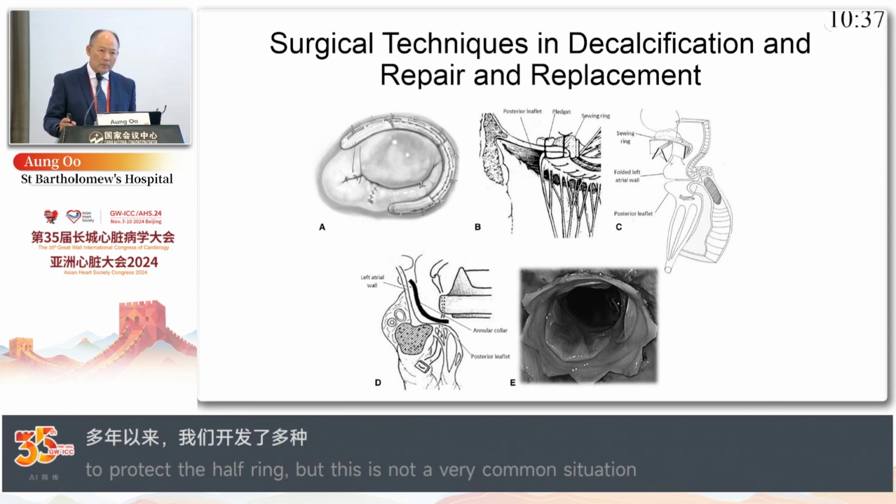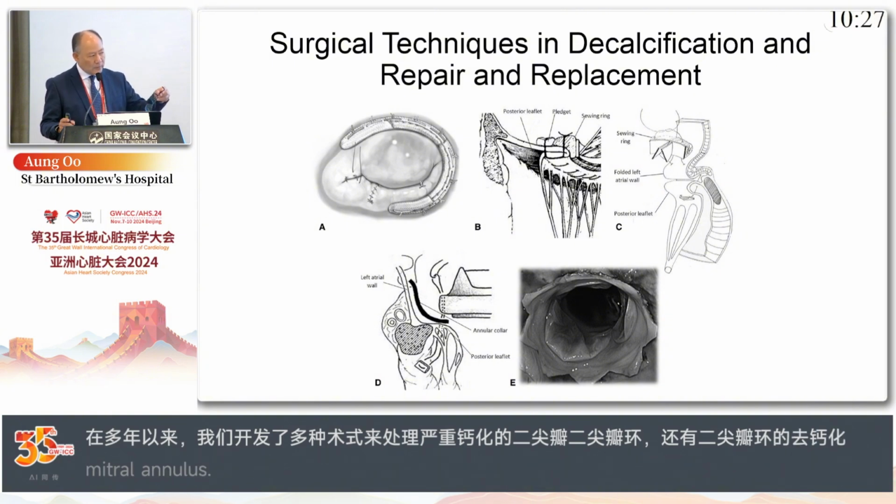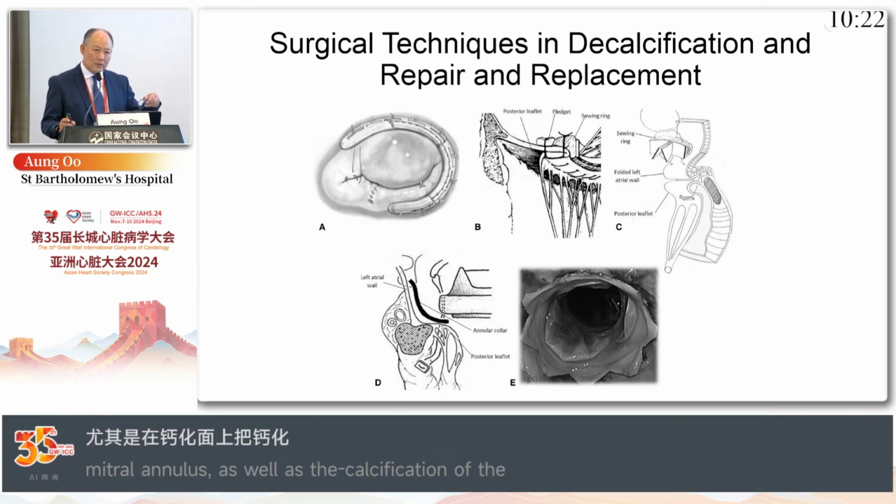For many years we've done decalcification of mitral annular calcification, especially of the posterior annulus plane, removing the calcium and reconstructing the mitral annulus with pericardium, and then putting in the valve, with variable results.